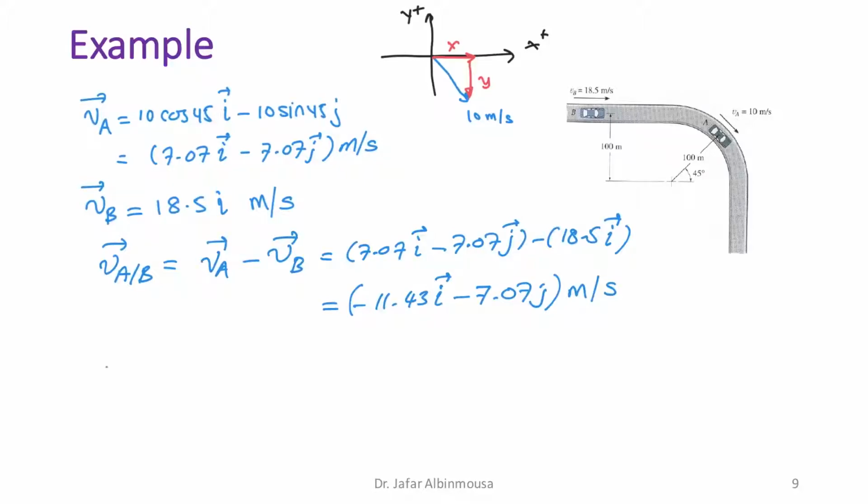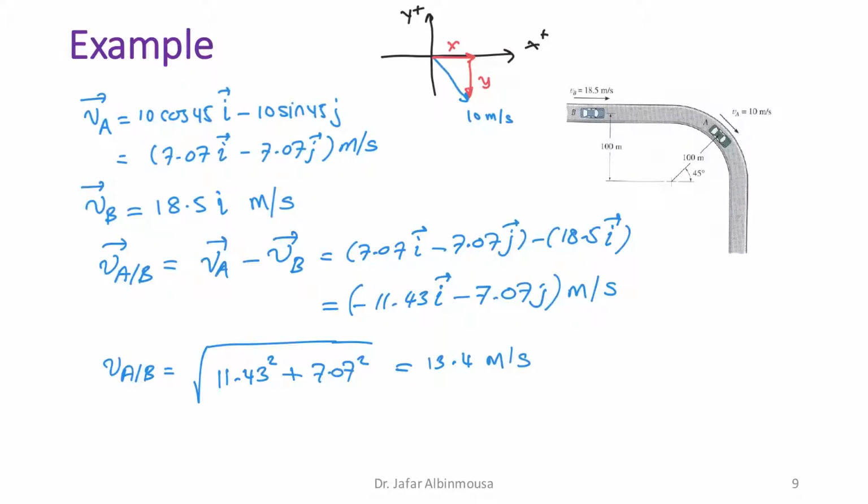Now, if we want to get the magnitude, we need to square each component under the square root: 11.43 squared, we did not write the minus sign because the square is positive, plus 7.07 squared. So we are going to get 13.4 meters per second.